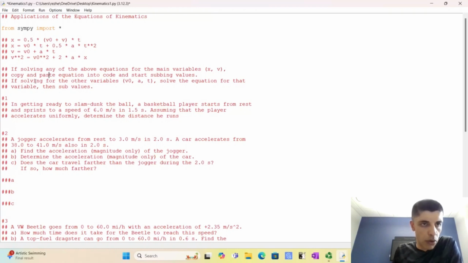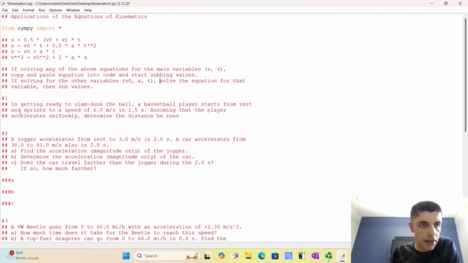Or when we're solving for the other variables, say v naught, a, or t, if we want to solve for t in this equation, then we need to do something else. We need to create a variable to store the solution for the unknown variable first, and then we can sub values afterwards. You will know what I'm talking about when we start creating our code.